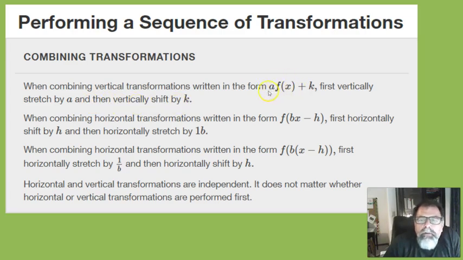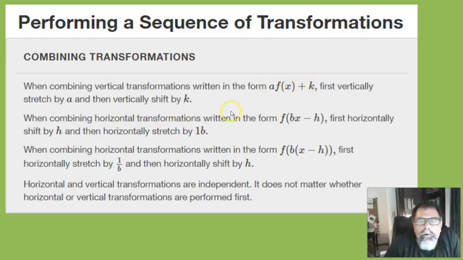So you got to do the stretch or compression first, and then the vertical shift, right? I think of it basically like order of operations. If I put a number in for x, do the function, you get a y value, then you multiply it by a, and then you add the k. So you do the a first, then the k.